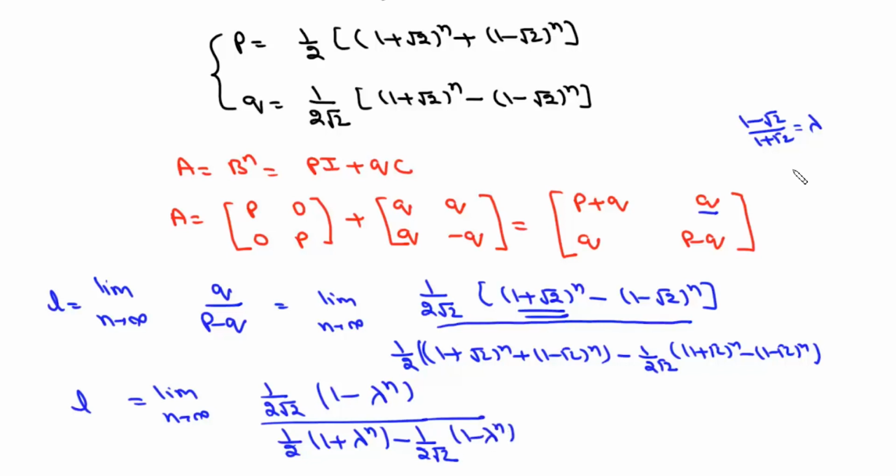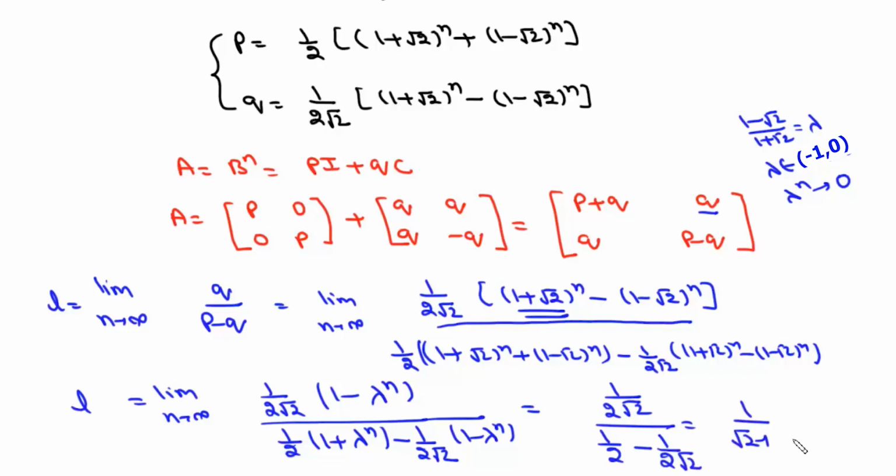Now this lambda lies between 0 and 1. So lambda to the power n, as n tends to infinity, will be simply 0. So the value of this limit will be 1 upon 2 root 2 upon 1 by 2 minus 1 upon 2 root 2, which is 1 upon root 2 minus 1. And if we rationalize, we can write this as root 2 plus 1. So the value of L is root 2 plus 1.